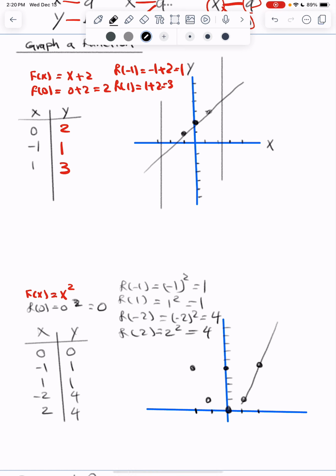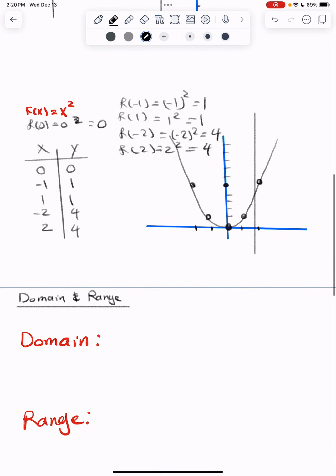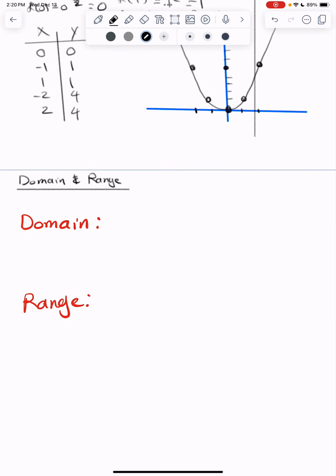So our function will look like that. And if I run the vertical line test again, it's only going to cross the function in 1 point, not more than that. The last thing I want to mention about functions is the domain and the range.